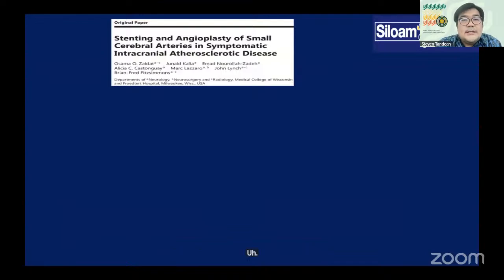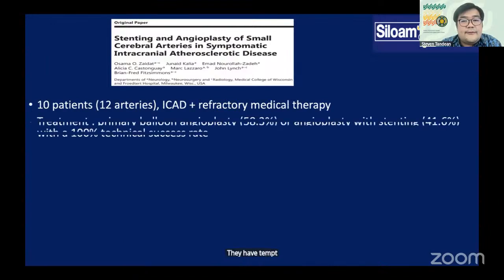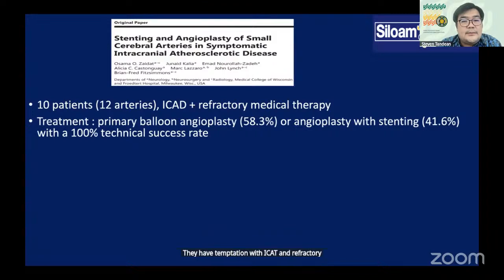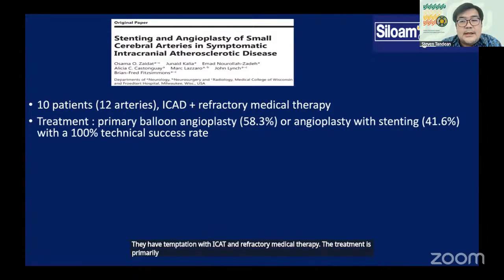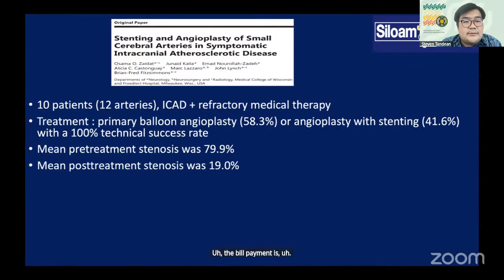How about stenting and angioplasty for the small cerebral artery? This is one paper from Jaidat. They had 10 patients with ICAT and refractory to medical therapy. The treatment was primarily balloon angioplasty and angioplasty with stenting. The mean stenosis was 80%, with post-treatment only 20%.